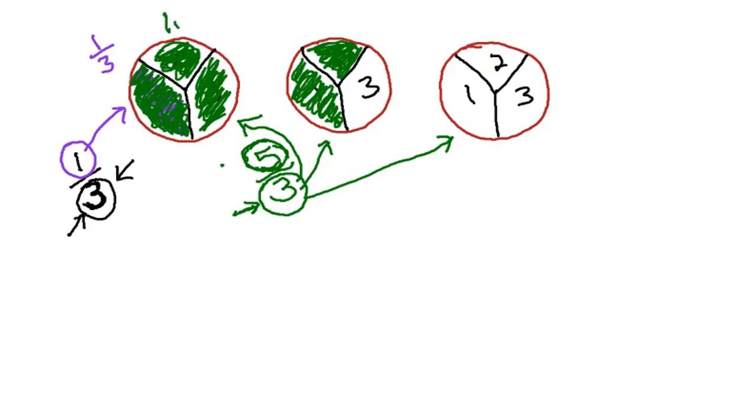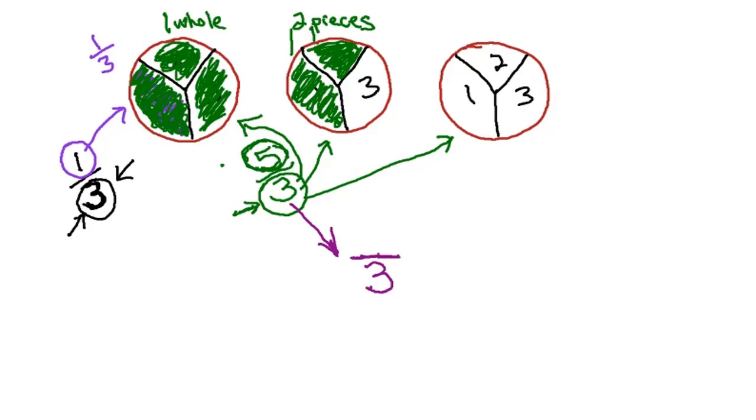We're going to have one whole pizza colored in, and then we're going to have 1, 2 pieces of pizza that's divided by 3 parts. So we're going to keep that 3 number because each pizza is divided into 3 parts. You always keep that, the number of pieces each pizza is divided into, on the bottom of the fraction.